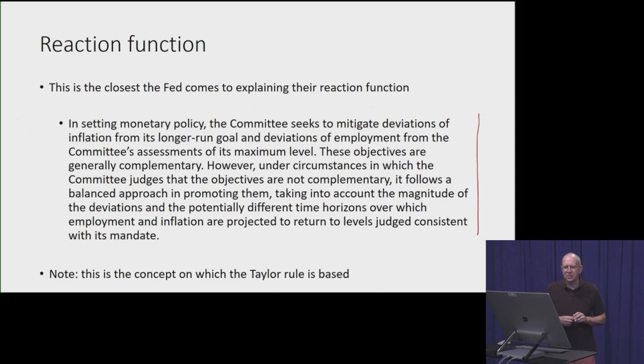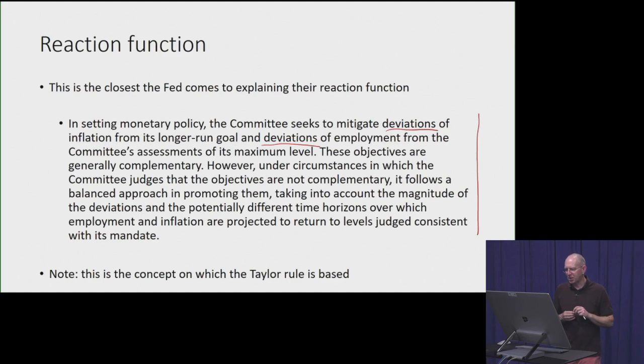So in setting policy, the committee seeks to mitigate deviations of inflation from its longer run goals and deviations of employment from the committee's assessments of its maximum level. These objectives are generally complementary.